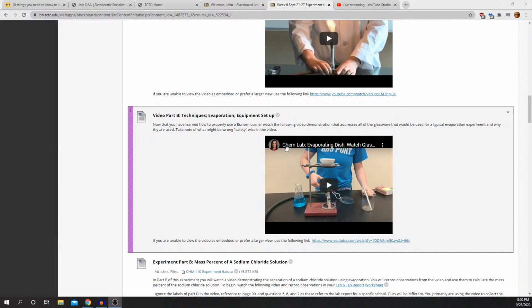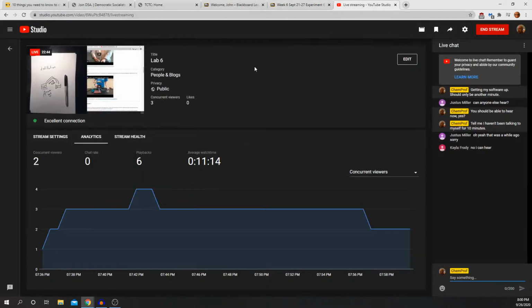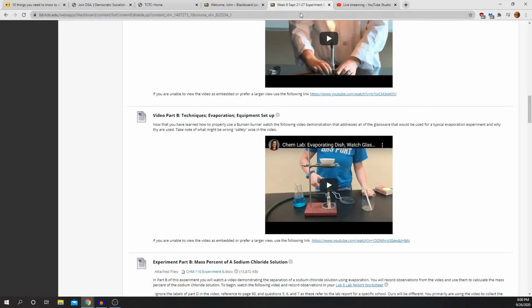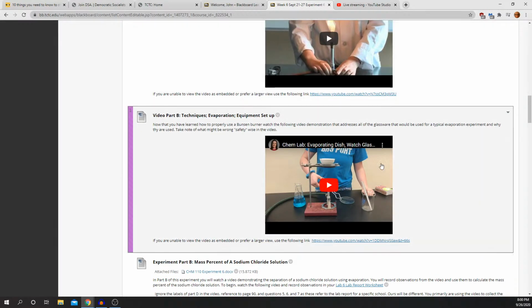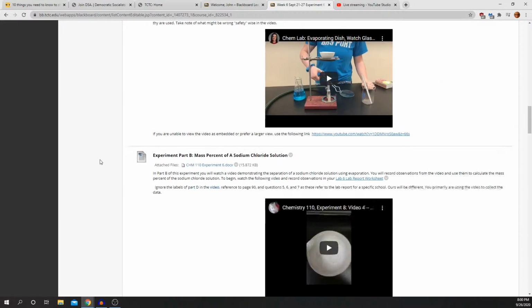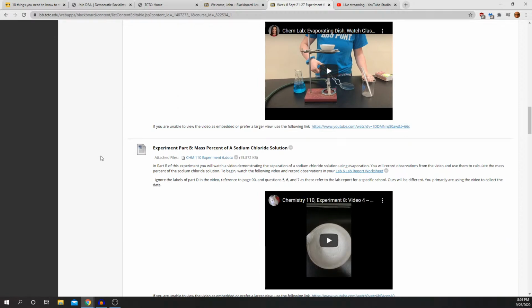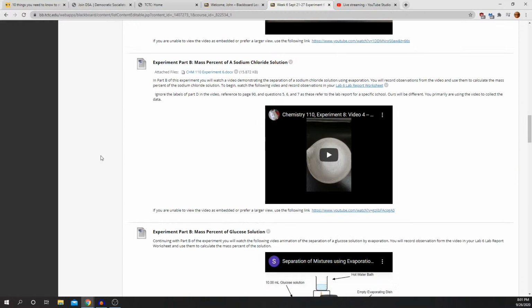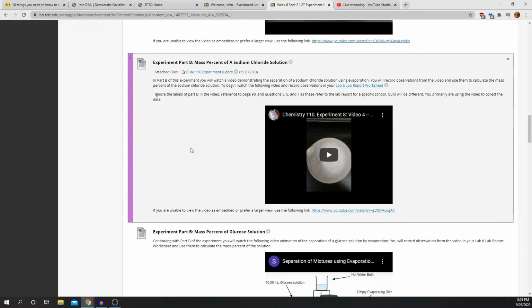The reason you're doing this multiple heatings and weighings is because you are trying to make sure that you've driven off all of the liquid. As you weigh it, the mass will go down, down, down, and then it'll stop going down. That tells you that you've gotten rid of all your water. So that is what you're doing here.